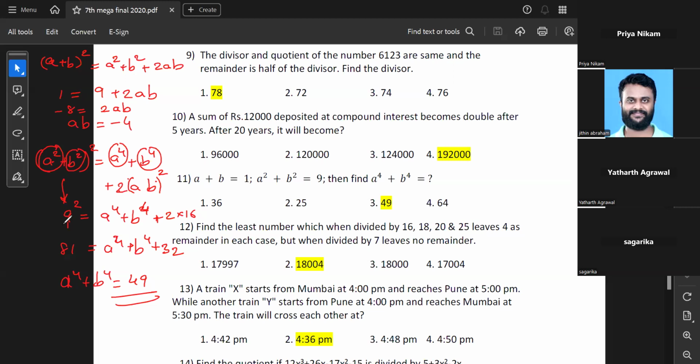Can't we write that as the answer? But that is not the question, right? The question is a raised to 4 plus b raised to 4. So somehow I have to create a raised to 4 plus b raised to 4. In order to create this only, I've done this whole squaring business. Okay, sir. Thank you.